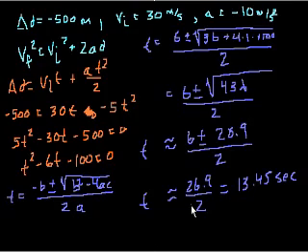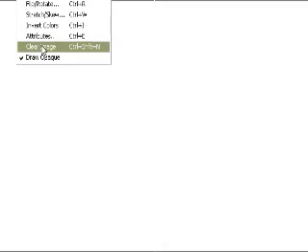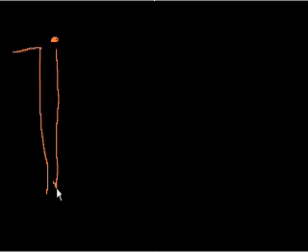But if you were to throw the penny straight up, off the edge of the cliff at 30 meters per second, it's going to take roughly 13.5 seconds to reach the ground. So it takes a little bit longer, and that should make sense. Actually, I have time to draw a little picture. In the first case, I just took the penny and its motion just went straight down.